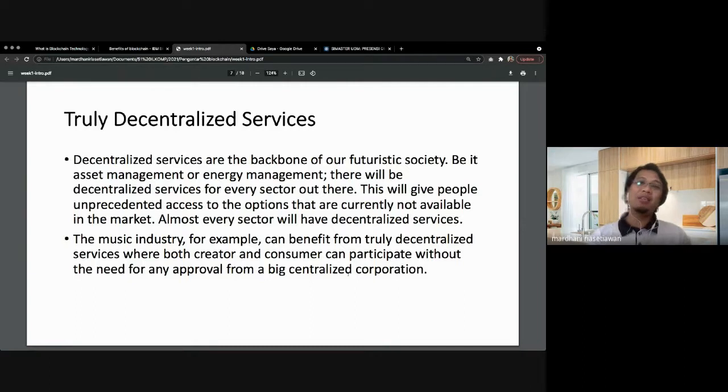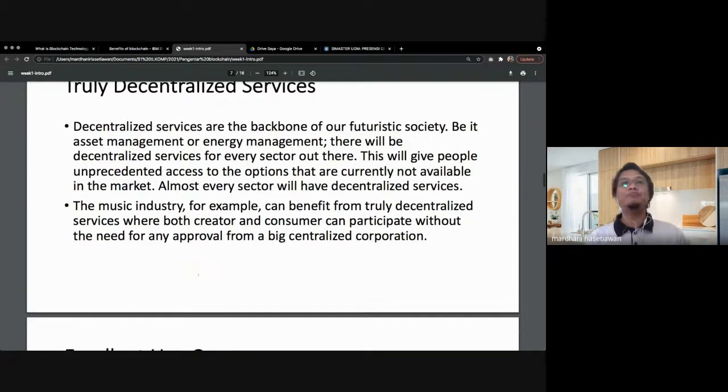I think YouTube has become one of the largest centralized corporations in the music industry, that controls everything we want to see, what we want to create, and so on. That happens because they have the power of money. So as a creator, you follow the rules of YouTube. So that would be the issue.